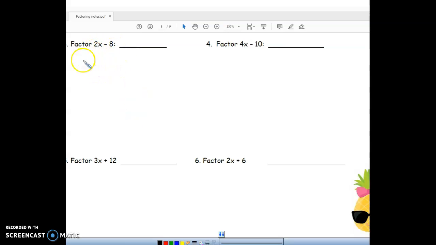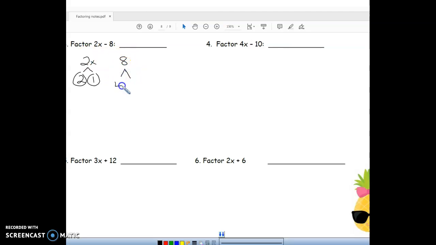All right, 2x minus 8. So we're going to factor our 2x, or do our factor tree. It's just 2 and 1. 8, don't worry about it being a negative 8. You're just going to do that 8, and then when we rewrite it is when you will put the minus sign or negative.